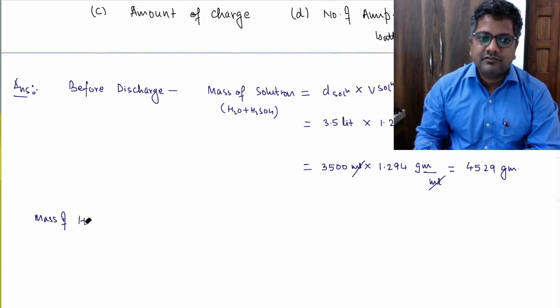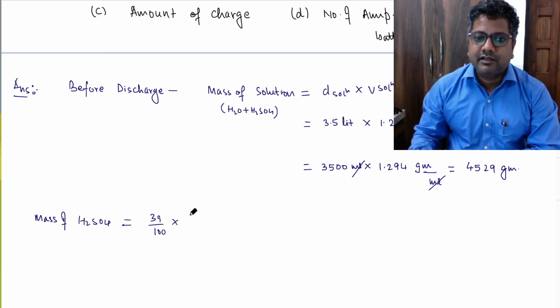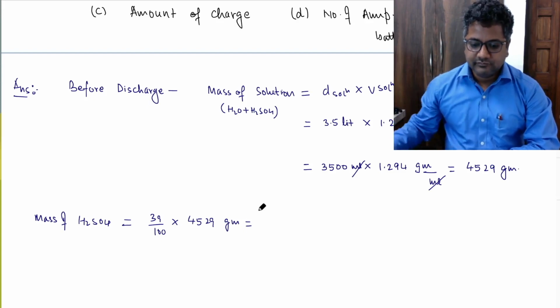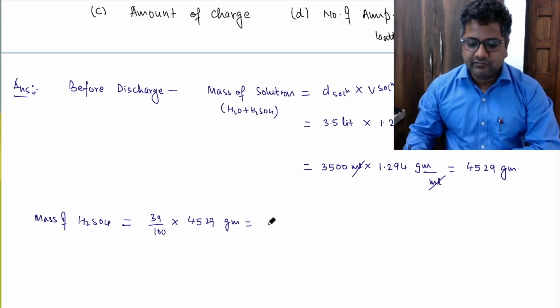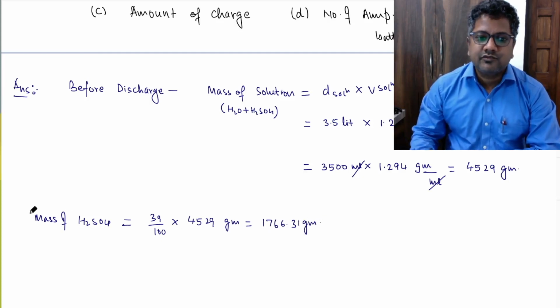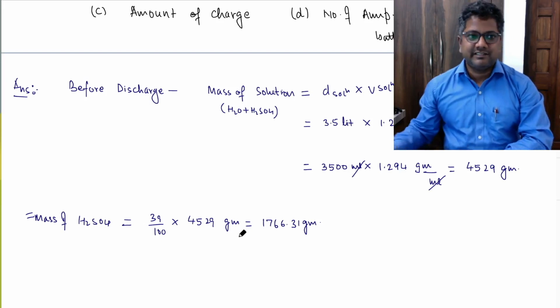Mass of H2SO4 is equal to 39 by 100 multiplied by 4529 gram. So this is equal to 1766.31 gram. So this is the total H2SO4 initially present.